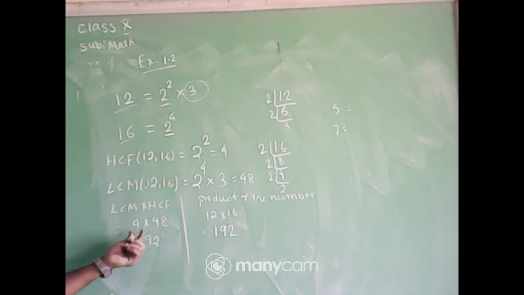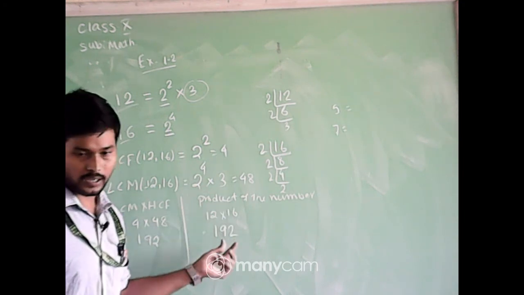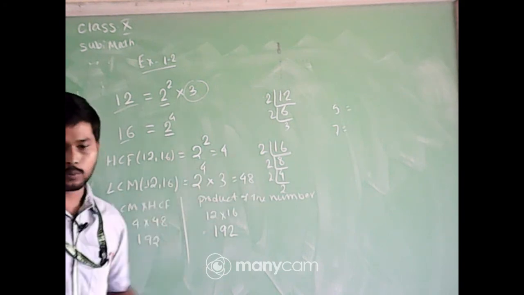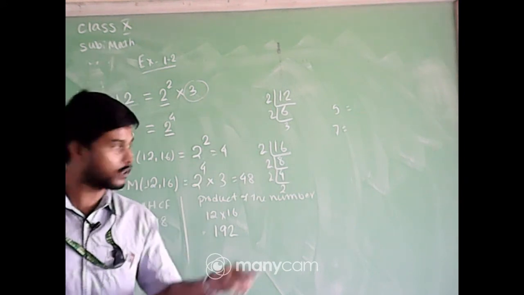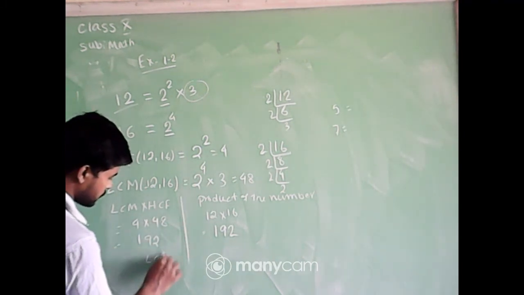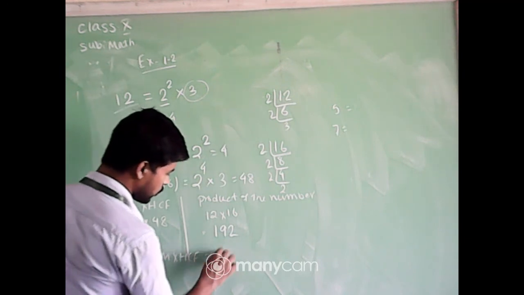Means if you multiply the LCM and HCF, that will be equal to the product of the numbers. So from here we have a formula that LCM into HCF is equal to the product of the two numbers. It is true for two numbers only.